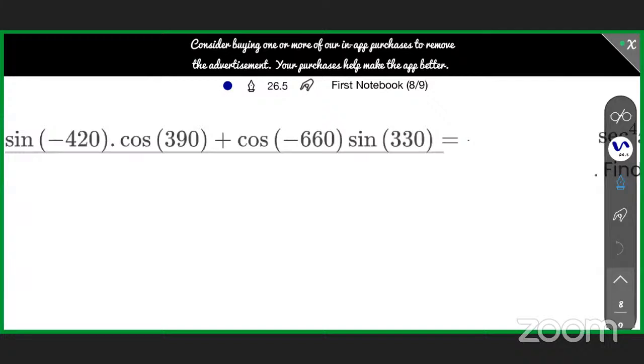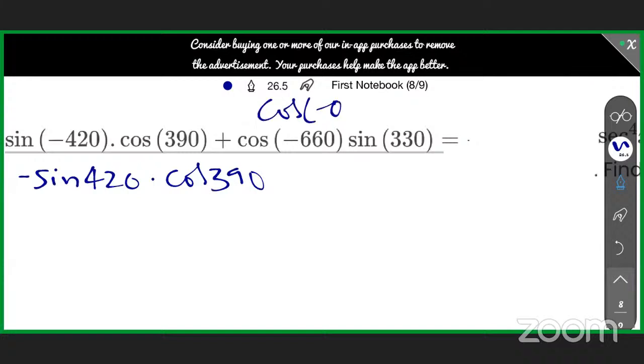So this will give me what? First of all, I simplify and write it as minus sine 420 degree into cos 390 degree. Cos of minus theta will give me plus cos theta.